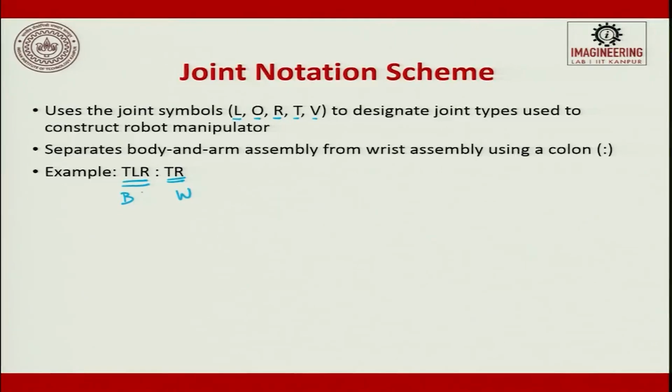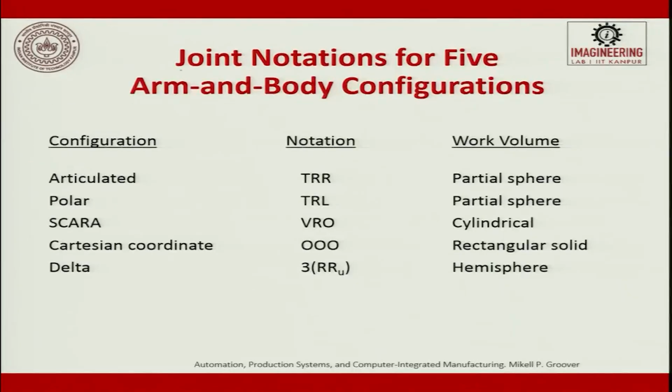So, now if somebody writes TRL colon TR, TRL is for the body, TR is for the wrist. So, the joint notation for 5 arm and body configuration are: articulated will be TRR, polar will be TRL, SCARA will be VRO, Cartesian will be OOO, and delta will be 3RR suffix U.